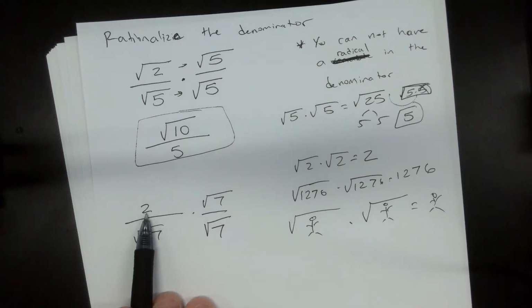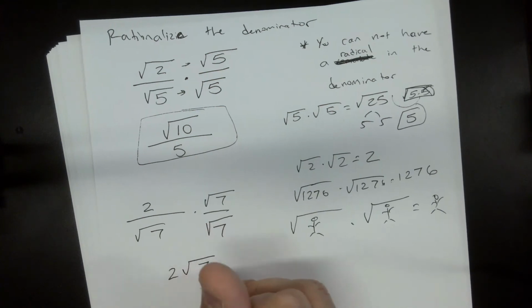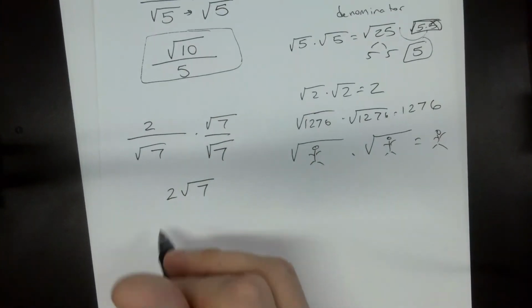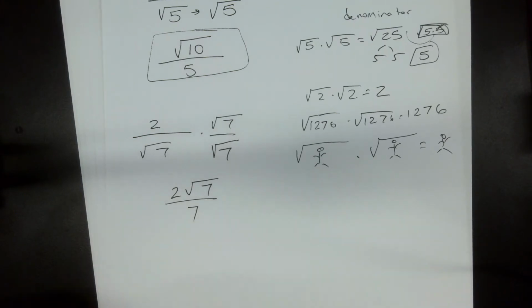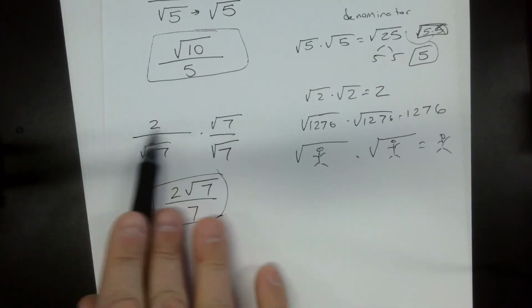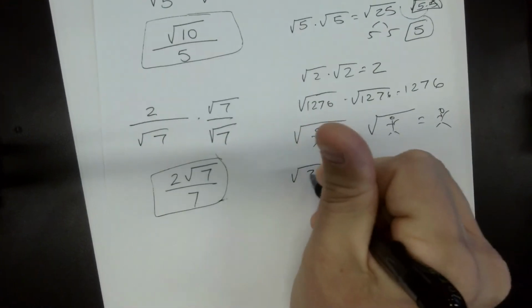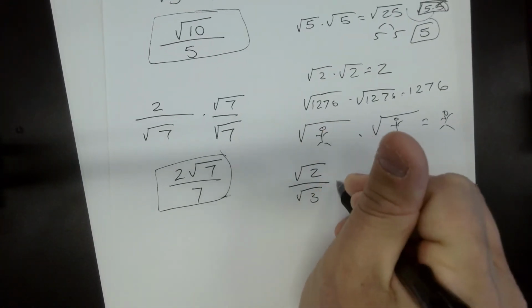Is this underneath a radical? No, so we don't multiply those. So the top just becomes that, over 7. And there's your solution. Does that make sense how to multiply those two tops? Okay? Here, try this one on your own. Square root of 2 over the square root of 3.